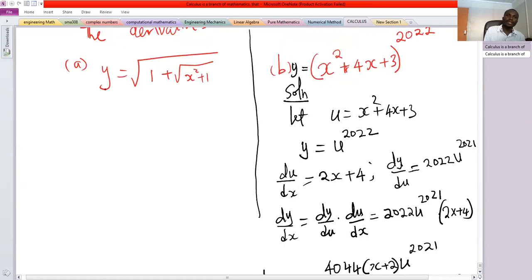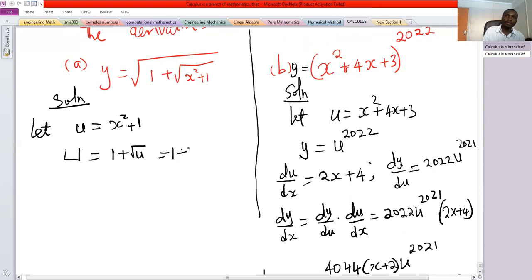Now coming back to this, the solution for part a: let small u be x squared plus 1, and let capital U be 1 plus root u, because this part is fixed by small u, which is the same as 1 plus u raised to power half.